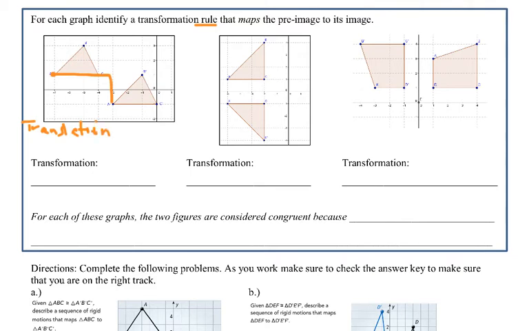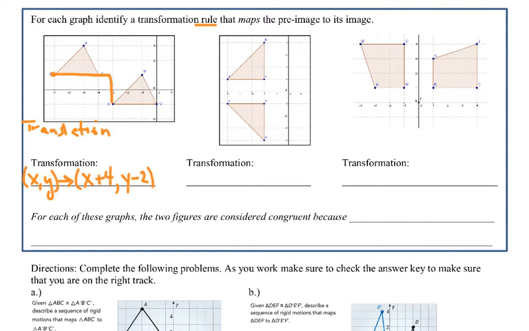And the rule for the translation is (x, y) goes to, and then since we went to the right 4 spaces, it's x plus 4, because x's go right and left. And then we went down 2, so it's y minus 2. That's the rule for the translation.